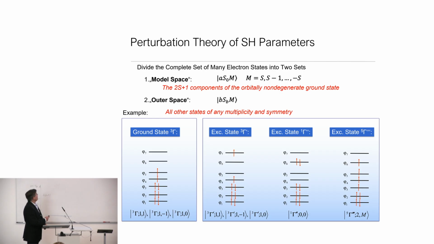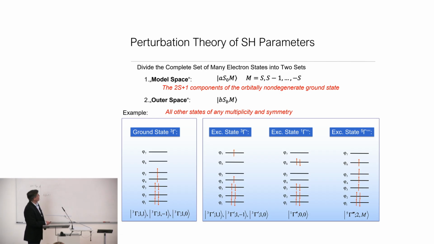Yeah? And everything else we call the outer space. So basically what we now have to figure out is how the outer space is coupling via all of these relativistic operators with the sublevels of the magnetic ground state.